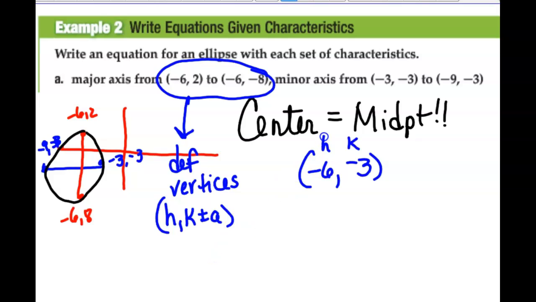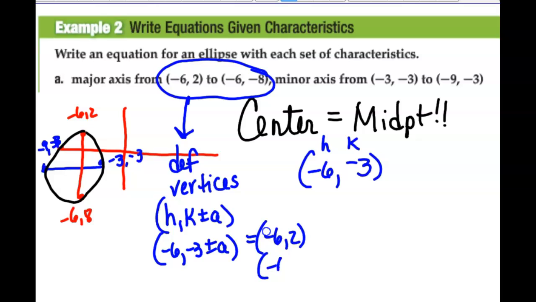This is the center, so that's H and K. So we have -6, comma -3 plus or minus A. And those turned out to be at -6,2 or -6,8. Anybody figure out what's happening? Okay, -3 plus 5 would be 2, -3 minus 5 would be 8. And you could have certainly written that and figured out what it is. A is 5.